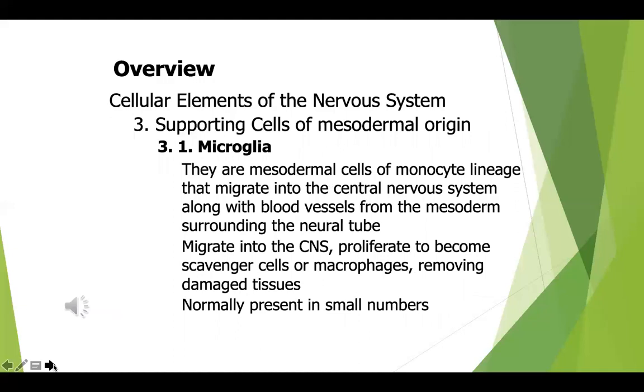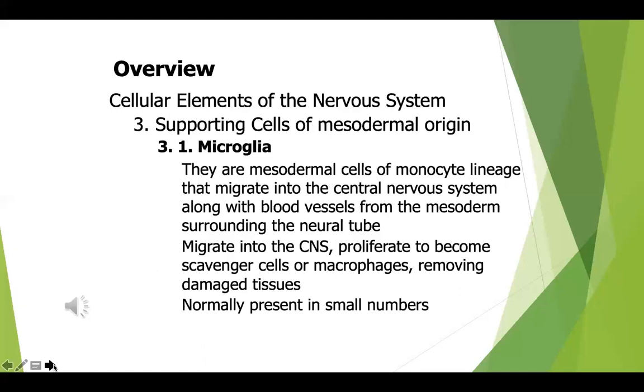And then lastly, but not the least, we have the microglia. So this one is quite different. It comes from the mesoderm instead of the ectoderm. It is actually a blood cell, a macrophage.